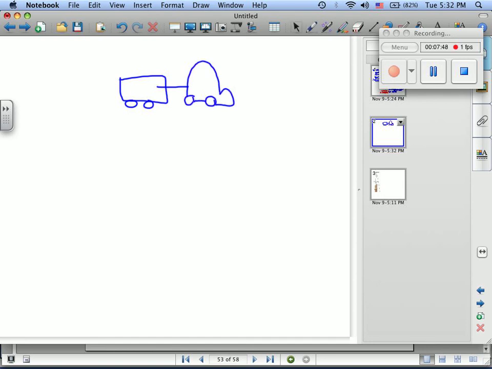So for the trailer, I have normal force, weight. Now I'm going to include tension because I'm only looking at the trailer. And the force of tension comes from an object outside the trailer. It comes from the car. And of course we have friction. So when I look at this force diagram, I can write that the net force is equal to tension minus friction.